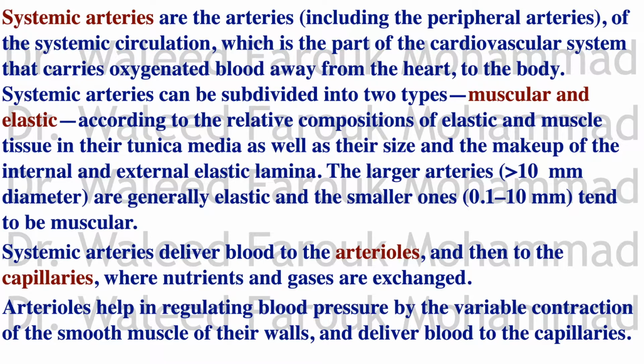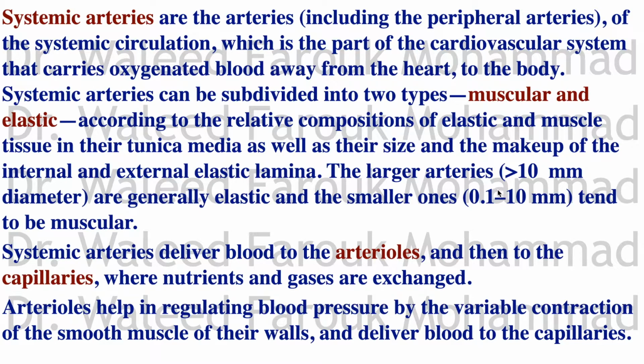Systemic arteries are the arteries, including the peripheral arteries, of the systemic circulation, which is the part of the cardiovascular system that carries oxygenated blood away from the heart to the body. Systemic arteries can be subdivided into two types, muscular and elastic, according to their composition.